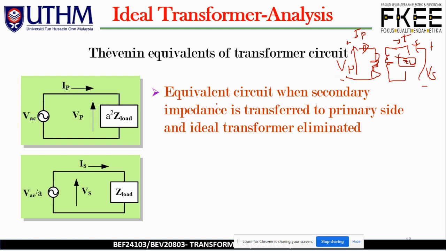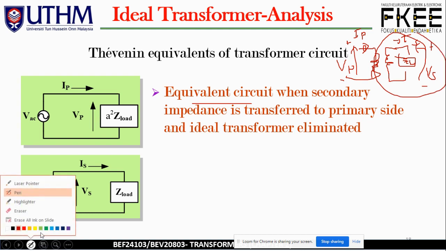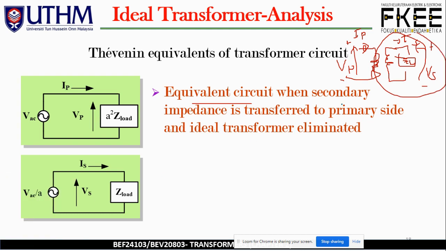We can come up with the equivalent circuit when the secondary impedance is transferred. So we have the secondary part over here being transferred into the primary side, and we eliminate the ideal transformer, the one I circled here. So how does the equivalent circuit look after we transfer everything from the load or secondary to the primary?